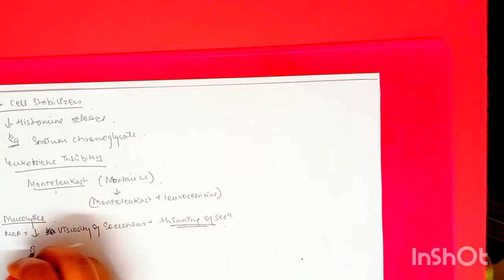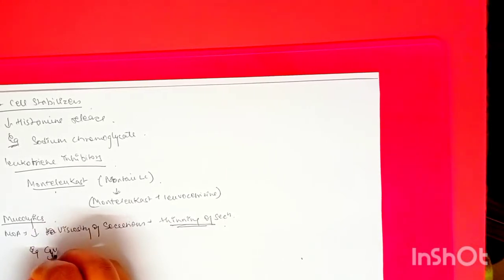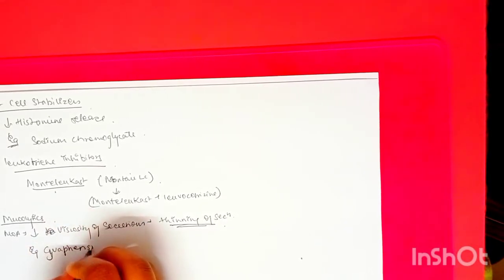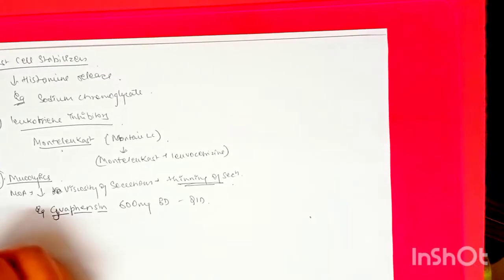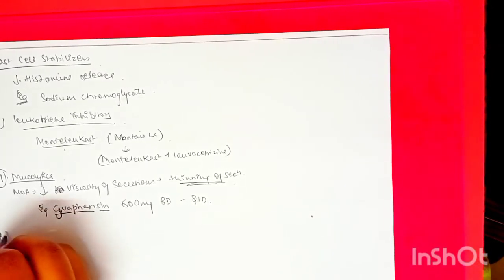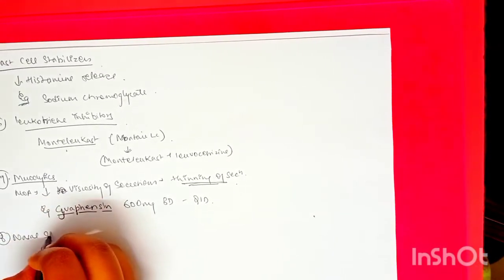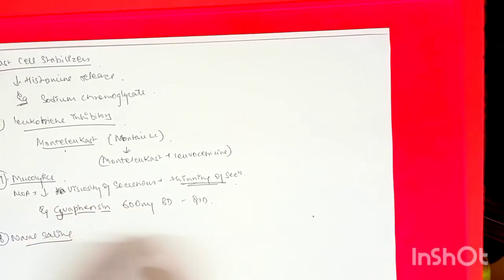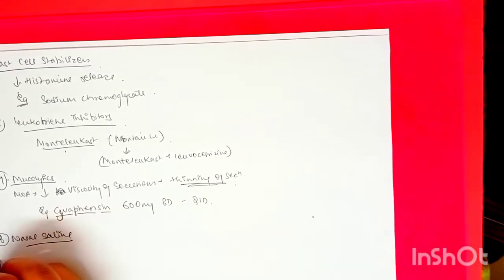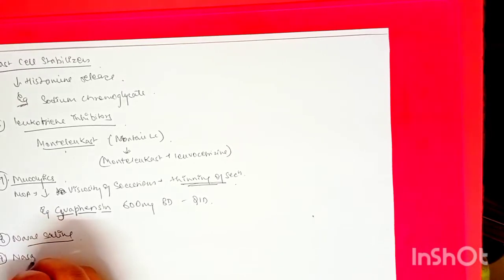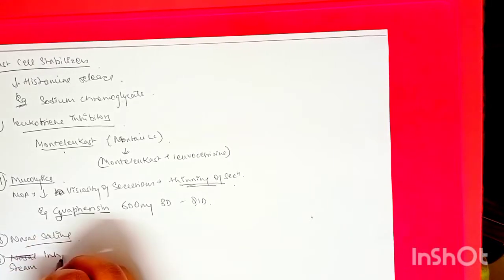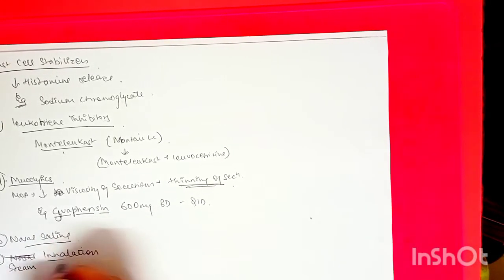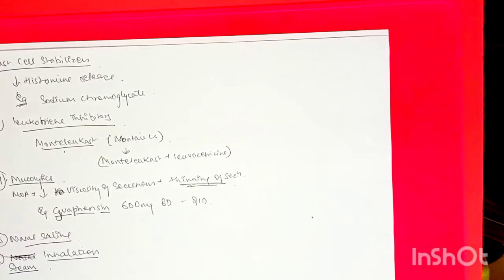And the example would be guaifenesin 600 mg BD or QID. Then we can also give nasal saline washes of the crusted secretions. Then another natural beneficial thing would be nasal inhalations, steam inhalations. So it improves the aeration.